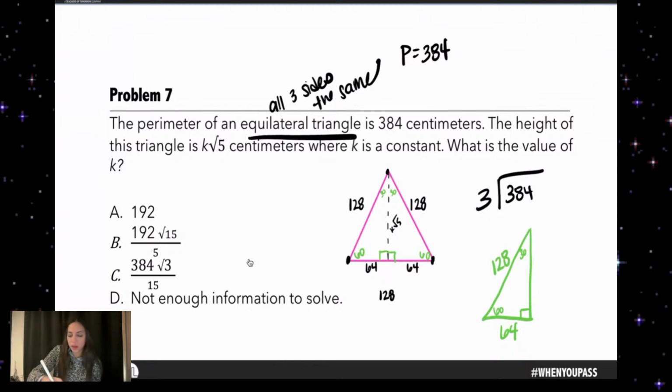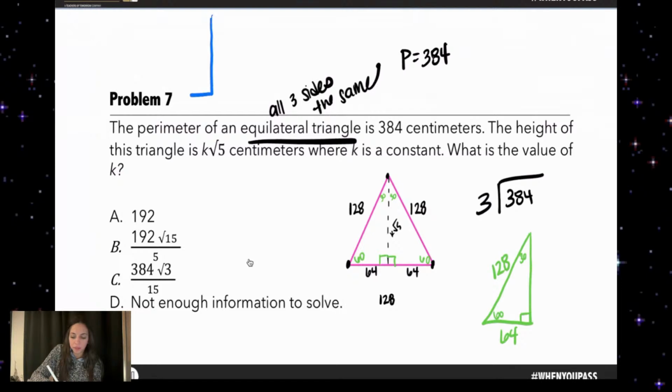And what do I know about the relationship of a 30, 60, 90-degree triangle? I know that across from the 30 is x. Across from the 90 is 2x. And across from the 60 is x square roots of 3.